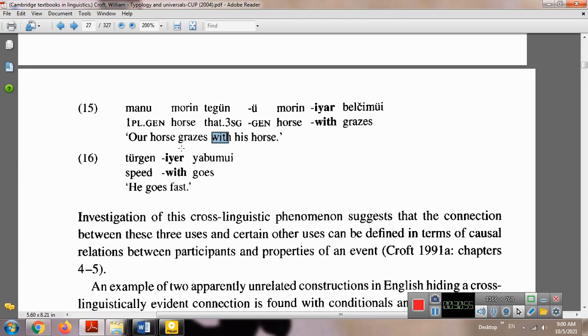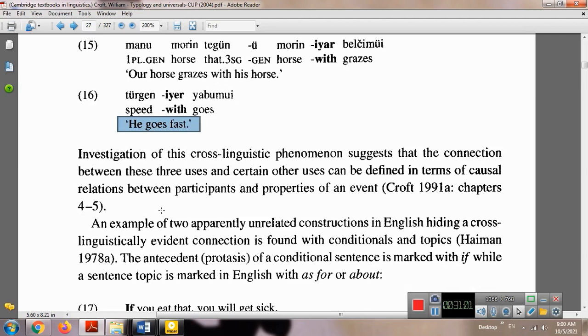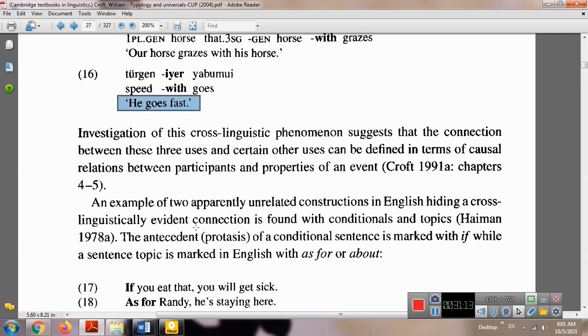And here er, with speed, goes. He goes fast. Investigation of this cross-linguistic phenomenon suggests that the connection between these three uses and certain other uses can be defined in terms of causal relations between participants and properties of an event.